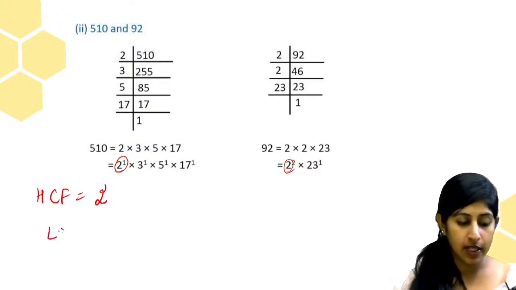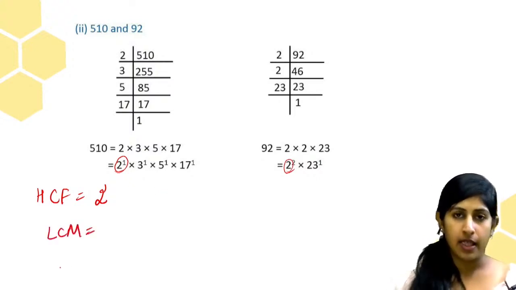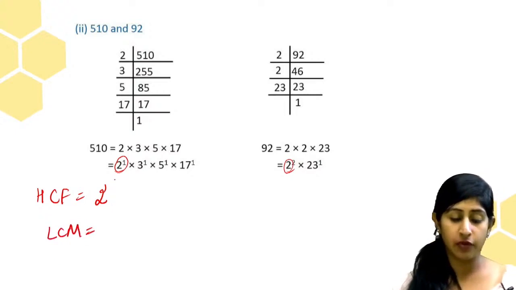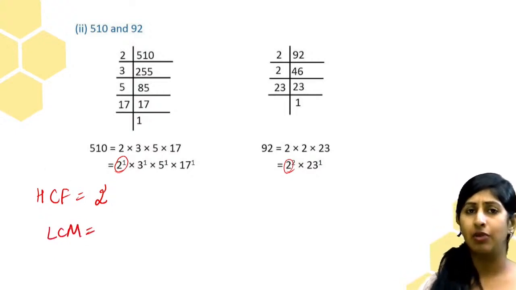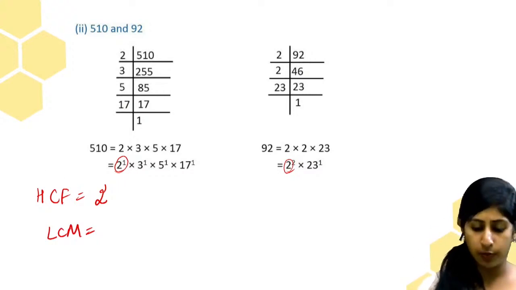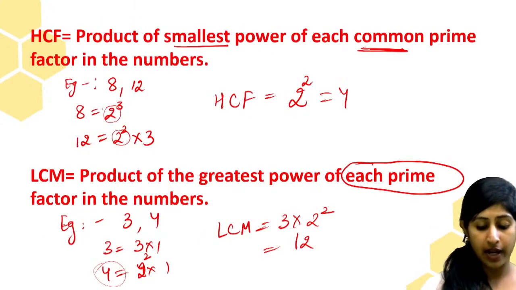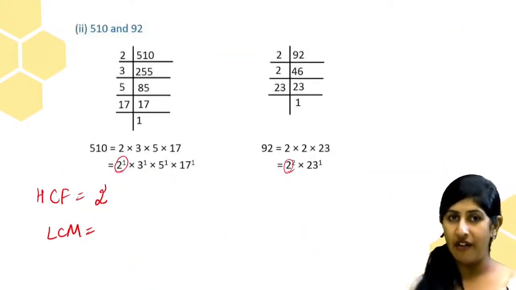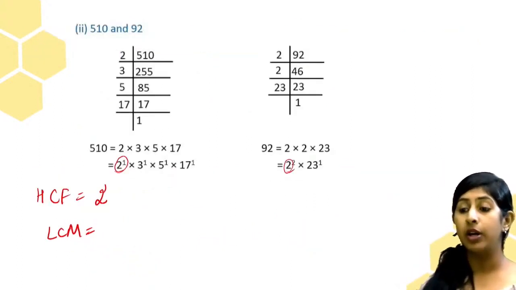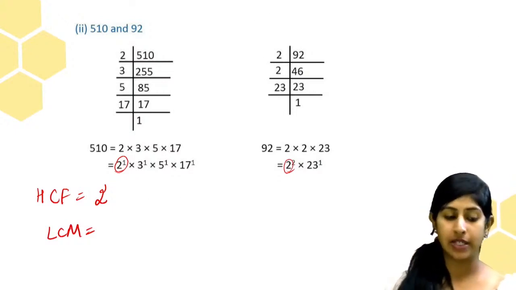Then calculating the LCM. Let us see what LCM will be. I have to write all those prime factors. I just don't have to make any repetitions, but I have to write all the prime factors, and I have to write the greatest power of prime factors. In HCF, I'm always writing the smallest power, and in my LCM, I'm writing the greatest power.